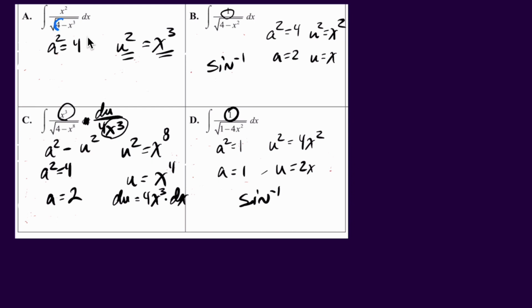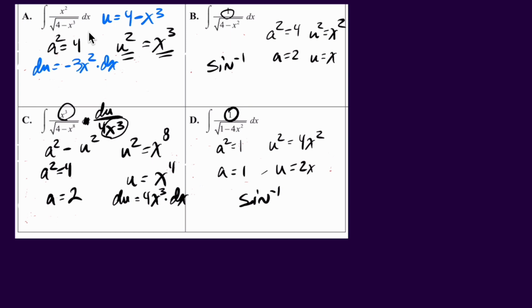Oftentimes the u is under the function. Here it would be the square root function. So we're going to let u equal 4 minus x cubed. The other thing that's inviting about this technique is that you see the derivative right in the problem up there in the numerator. So we're going to let du equal negative 3x squared dx.